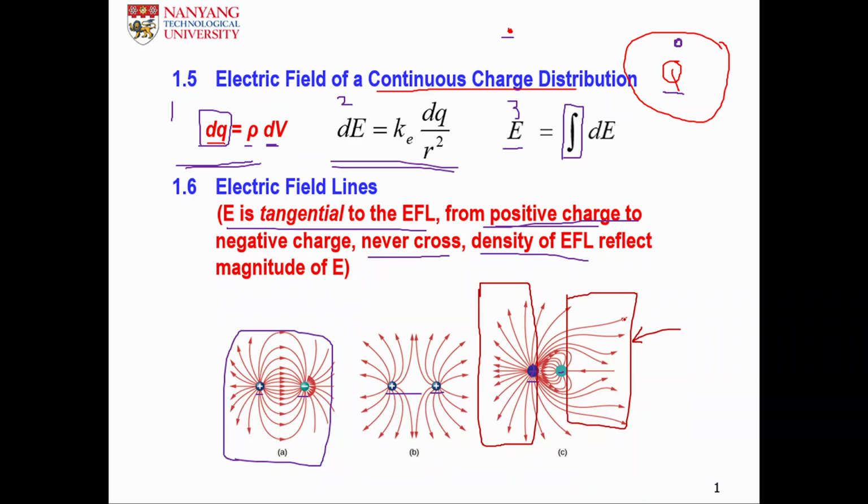Meaning, even at this side, the effect of this positive charge is still stronger. In order to have this stronger effect, the charge Q carried by this should be larger. This is how you can, not quantitatively but qualitatively, tell the charge distribution based on the given electrical field lines.